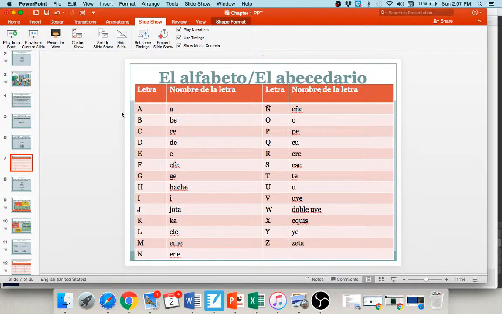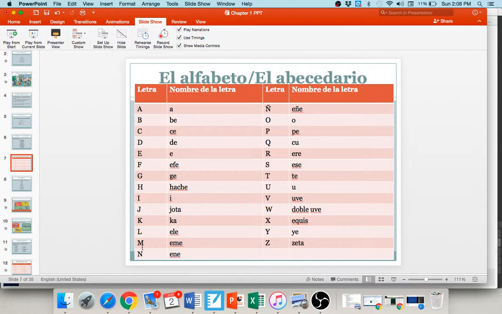And you have all of these letters. You have A, B, C. There's also another letter in between C and D called che, C-H. Che is its own letter in Spanish. So A, B, C, che, D, E, F. I could go through and tell you how to say all of these things.